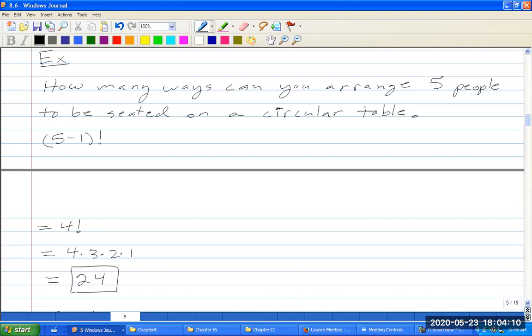You have a circular table here and you want to arrange 5 different people, 1, 2, 3, 4, 5. In this case, it's just going to be 5 minus 1 factorial, and 4 factorial is 24.